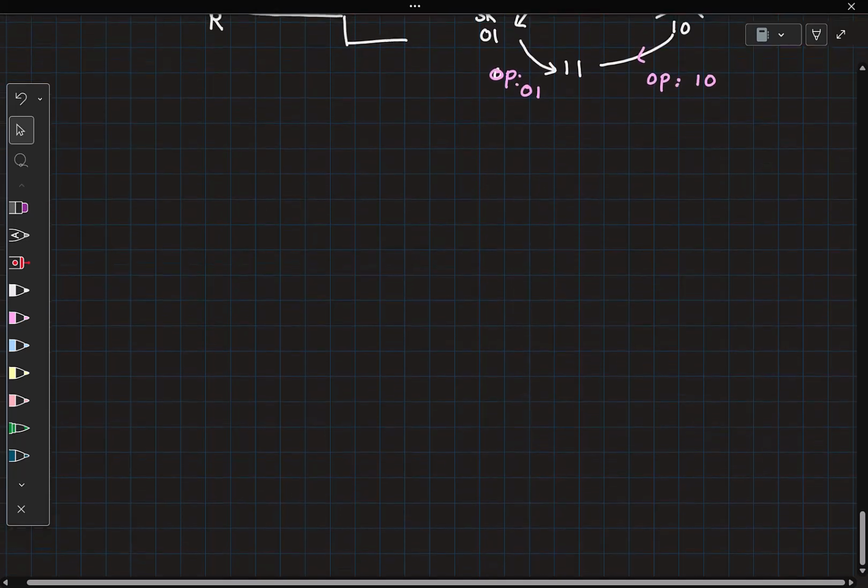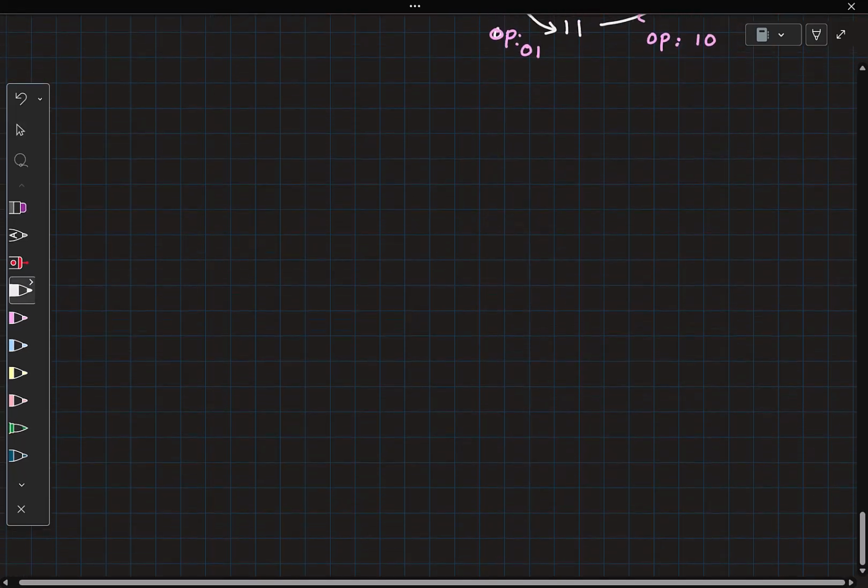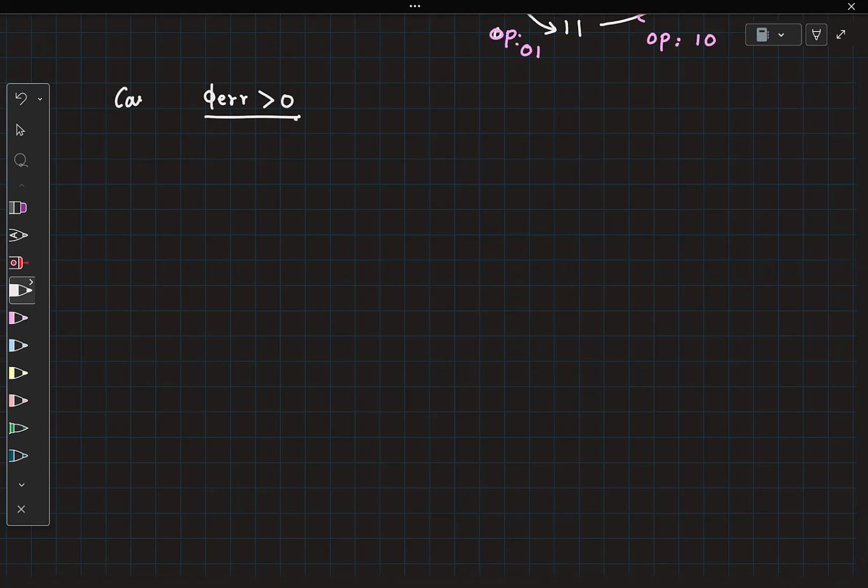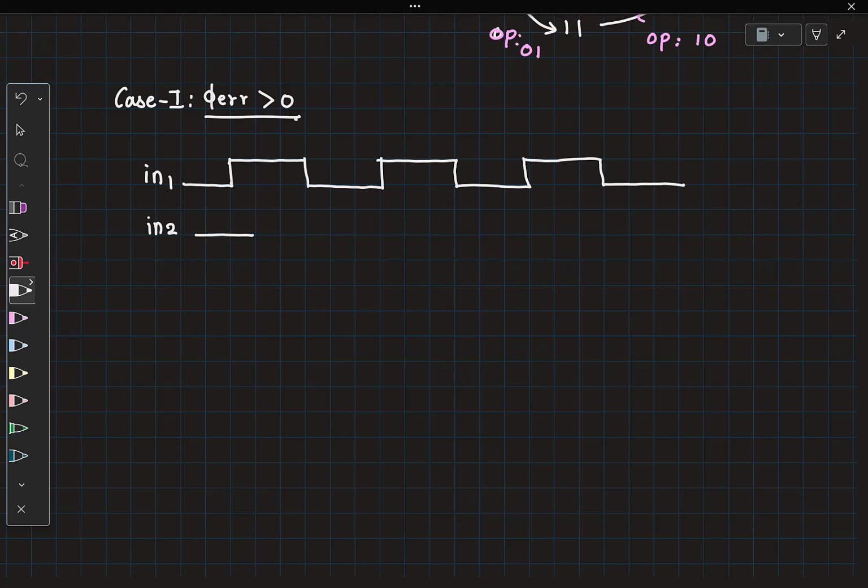So let's start by assuming we take a phase error which is slightly greater than 0. So this is my case 1. So I'll have in1, in2, and we need to see up and down.